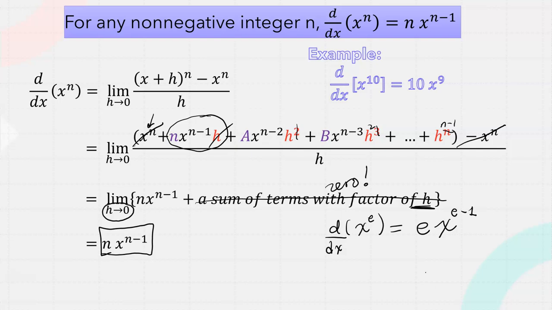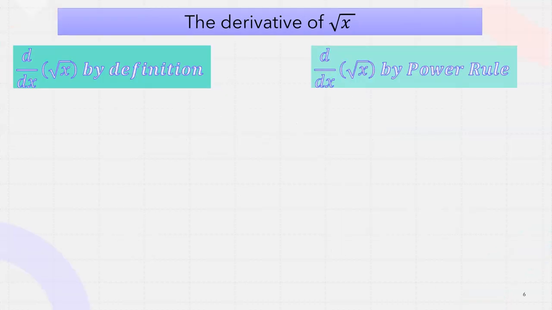Okay, now an extension of the power rule would be what happens if it's not an integer, right? So I'm going to talk about something that's very useful, like the derivative of the square root of x. This is something that you should know because you will see it all the time.